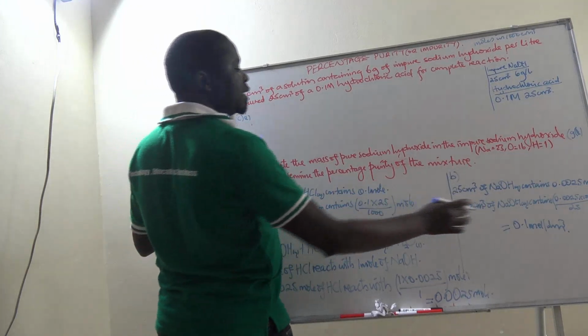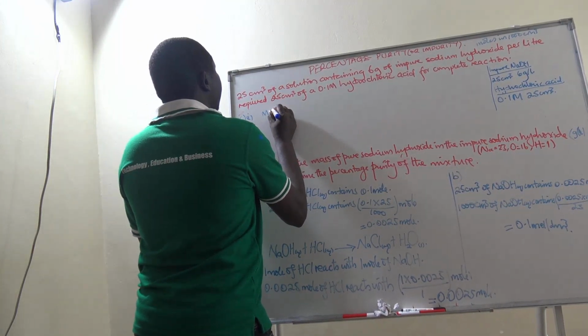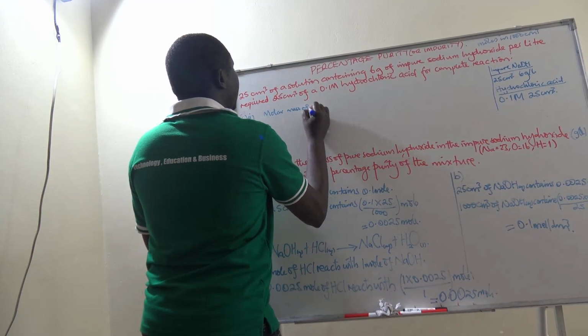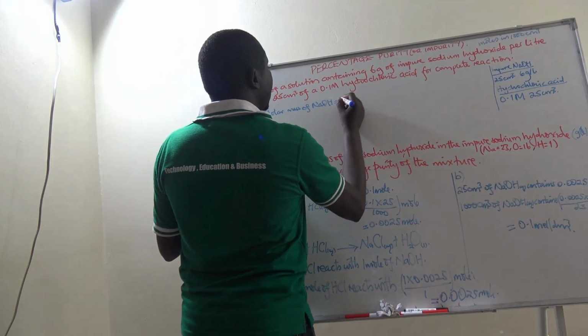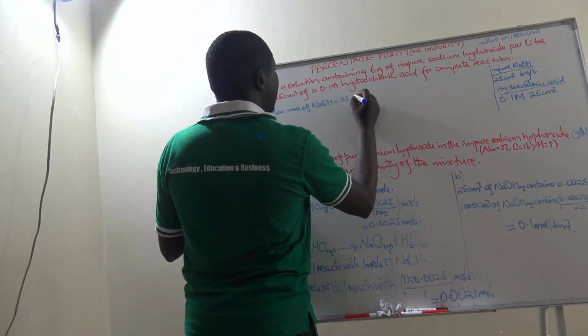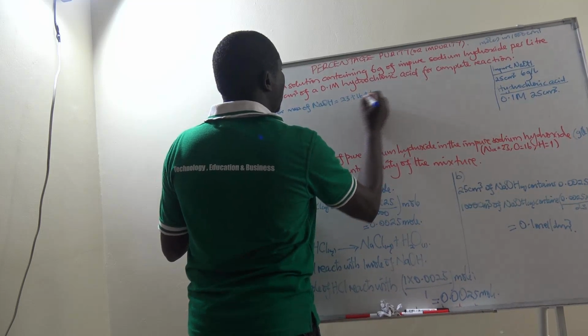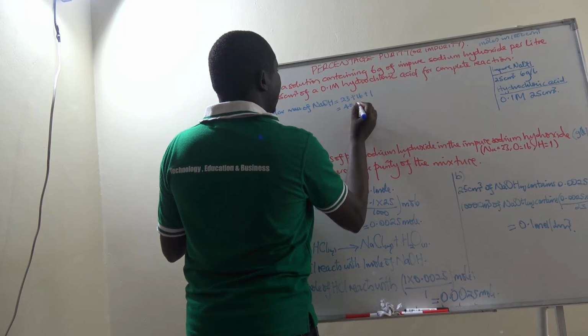And when we are converting moles to mass, what do we do? We first work out the molar mass of that substance. So the molar mass of sodium hydroxide is equal to 23, 1 atom of sodium, plus 16, that's for oxygen, and then 1 for hydrogen, which gives me 40 grams.